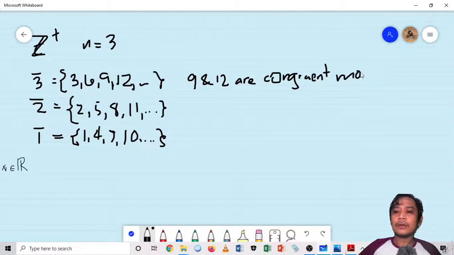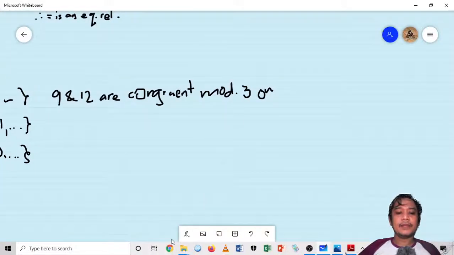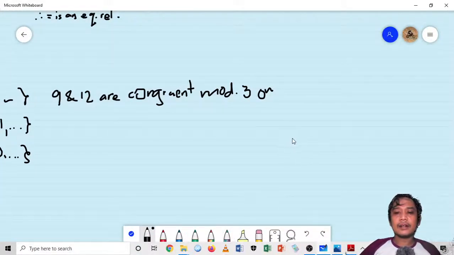modulo 3. Or in symbols, as said earlier, we can write that as 9 is congruent to 12 modulo 3.